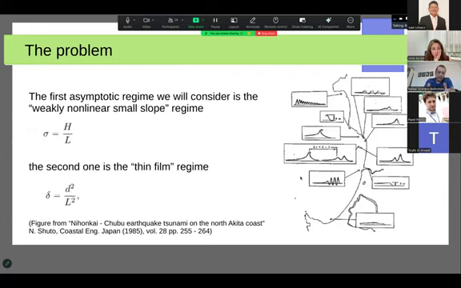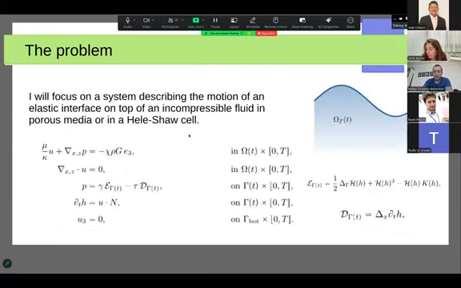The particular setting that we are going to consider is sometimes called the weakly nonlinear small slope regime. Here, capital H will be the typical height of the solid. Let's say this is the equilibrium, so it will be this number right here.